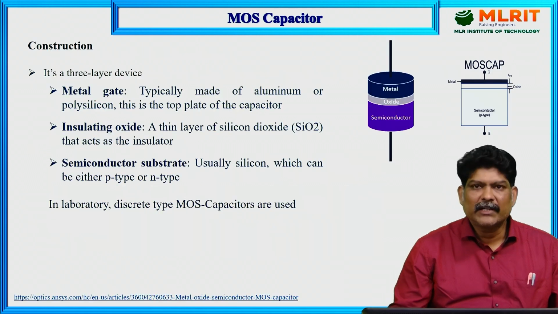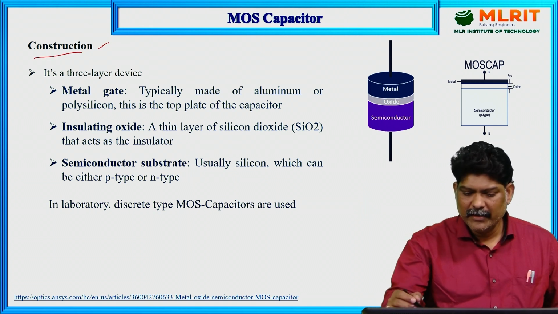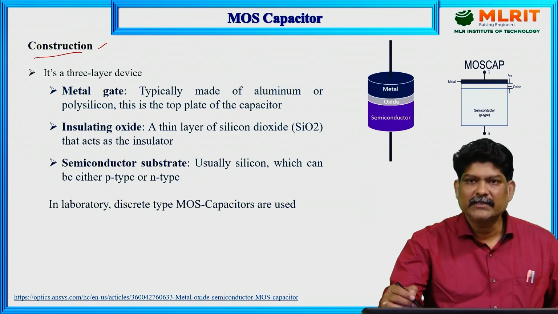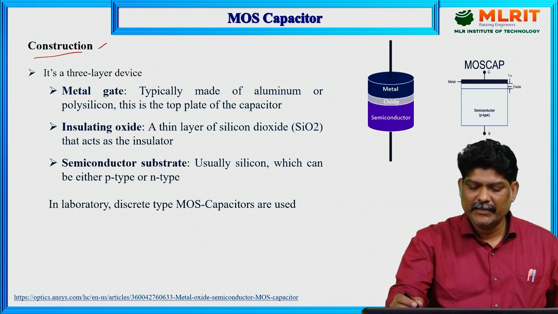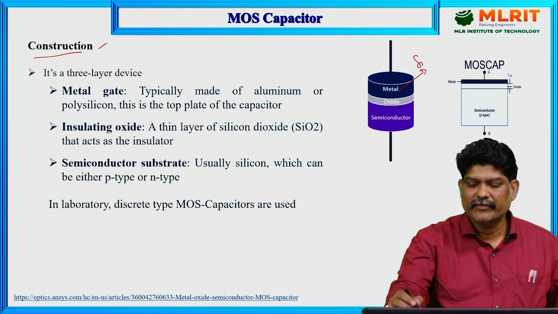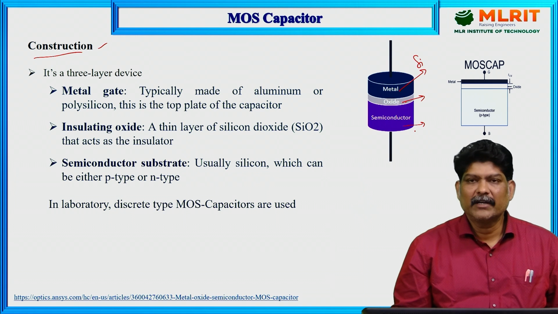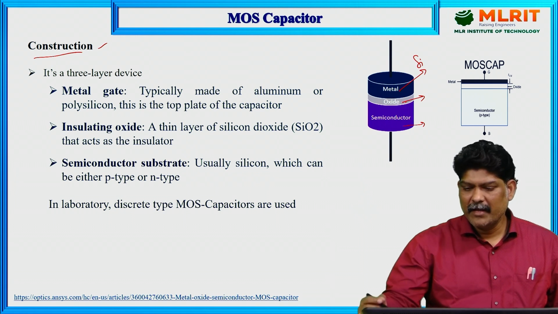Coming to the construction of the MOS capacitor, you can observe here that it consists of three different layers: metal, which today is polycrystalline silicon, then an oxide layer, then a semiconductor material, which may be P type or N type. This is the MOS cap.